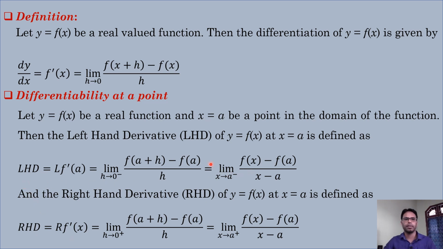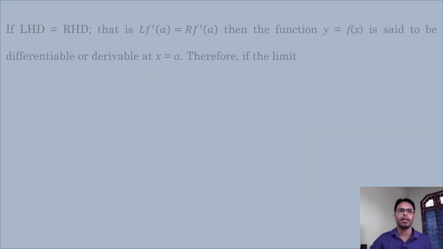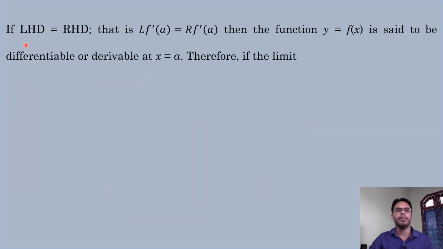So the function y equal to f(x) will be differentiable at the point x equal to a if these two limits exist finitely and are equal. So we write that: if LHD, meaning left hand derivative, and RHD, meaning right hand derivative, are equal, meaning that particular limit exists, that is Lf'(a) equals Rf'(a).